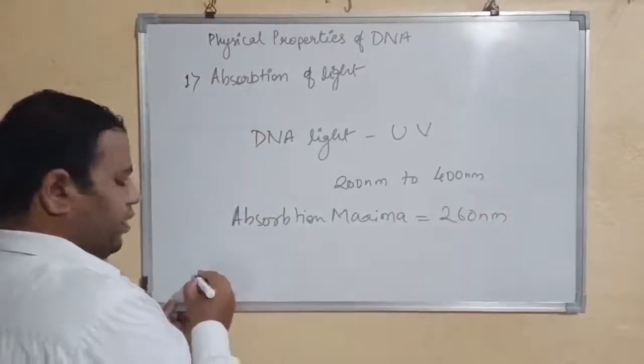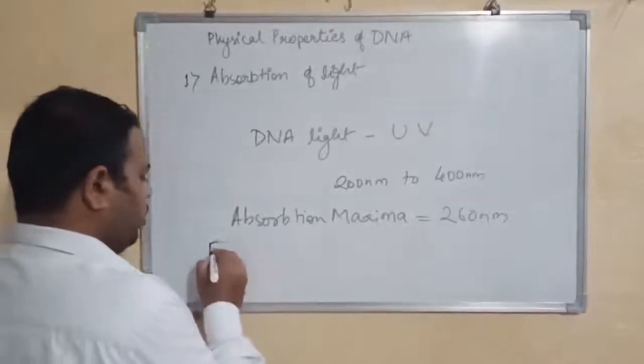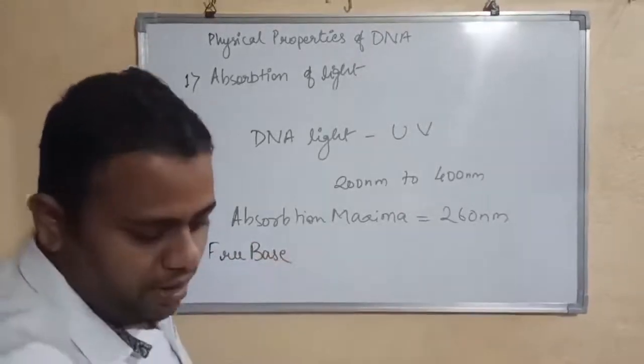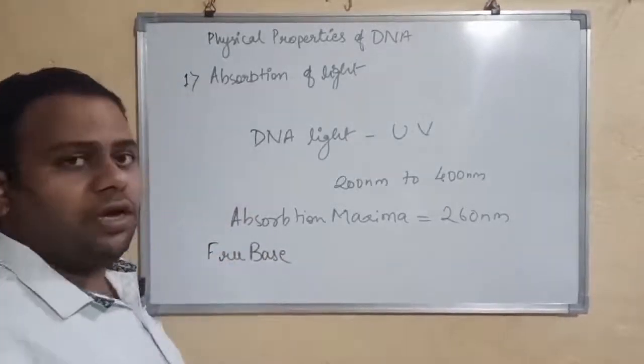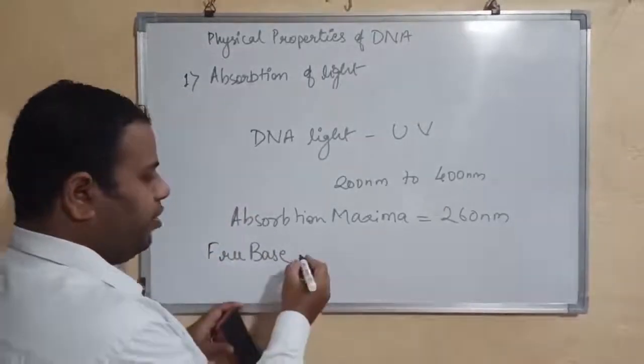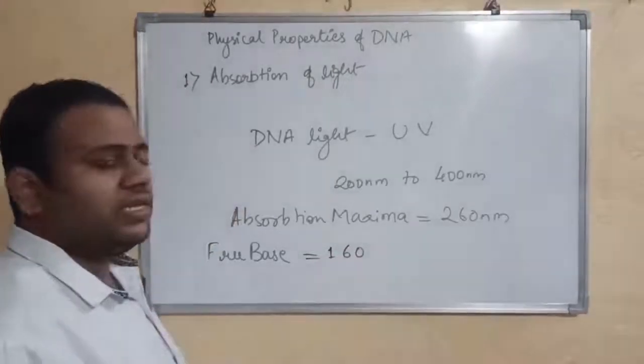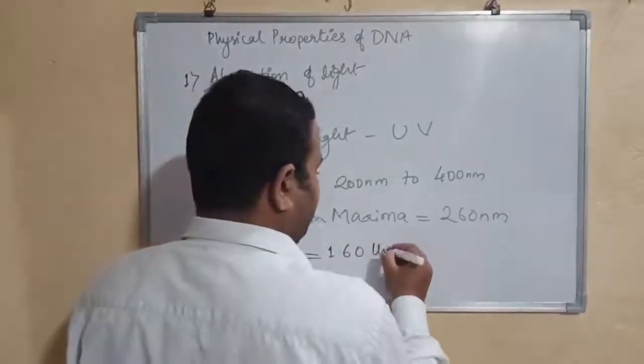Now for the free bases, means the bases which are separate, means nucleotides are separate. For the free bases in a solution, the absorption at 260 nanometer is 1.60 units.